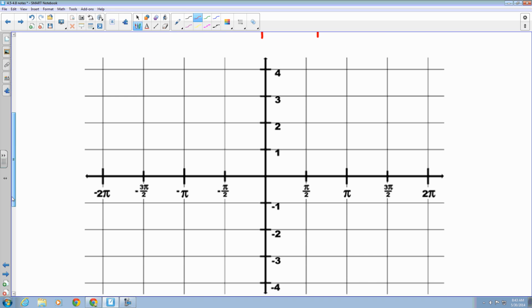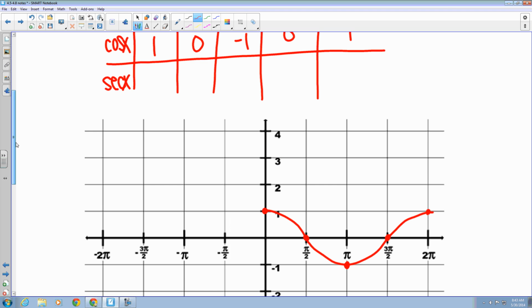I'll go through and graph cosine quick. And then off of that, everywhere there's a 0 turns into an asymptote, but the other points stay the same. So asymptote.